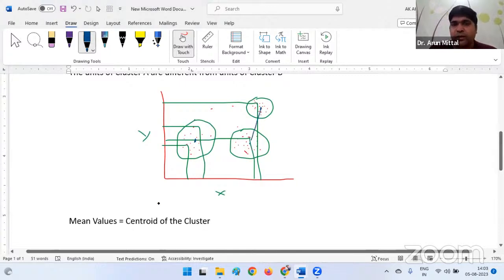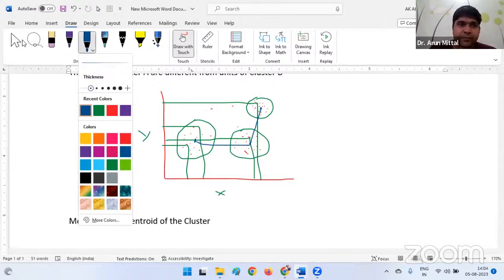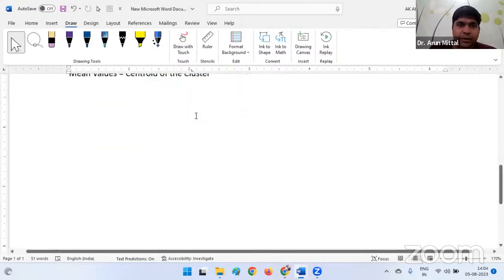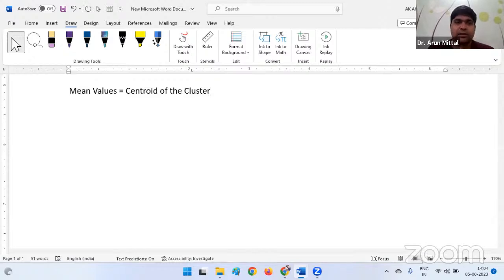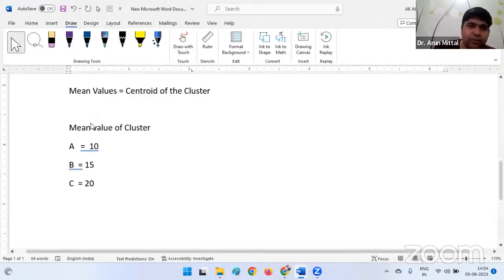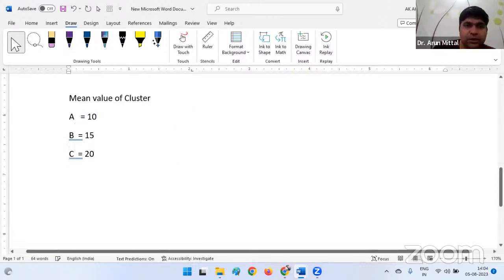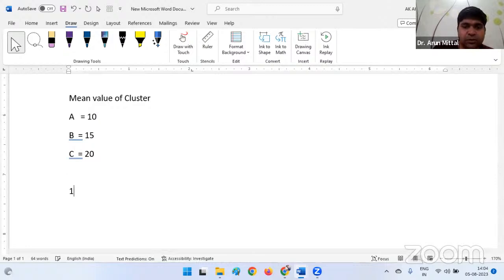So suppose, for example, the mean values of the clusters: cluster A, cluster B, and cluster C. The mean value of cluster A is say 10, cluster B is 15, and cluster C is 20. Now suppose the next unit that comes is 12.